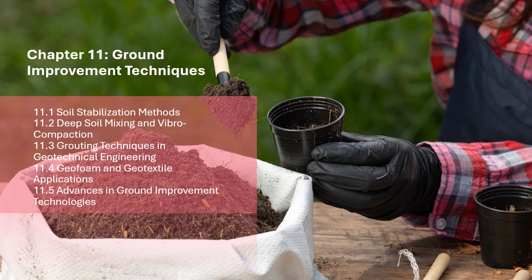2. Grading. Grading is the process of adjusting the particle size distribution of the soil to optimize its compaction and drainage properties. By adding larger particles, such as gravel, or finer materials like clay, the soil can be better compacted and more stable.